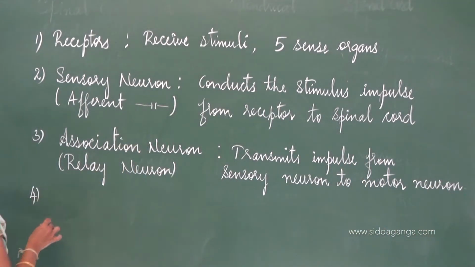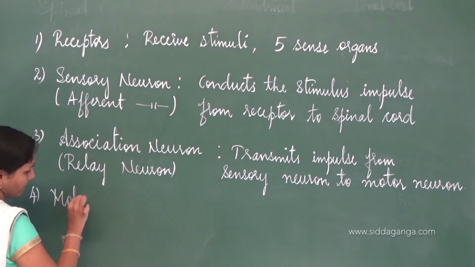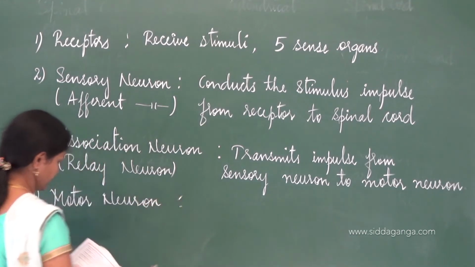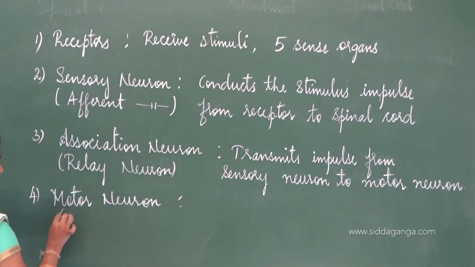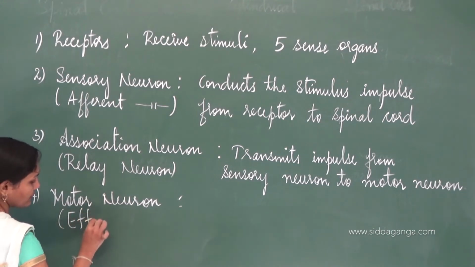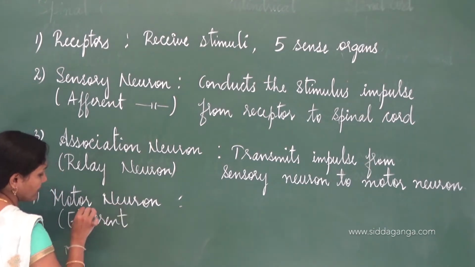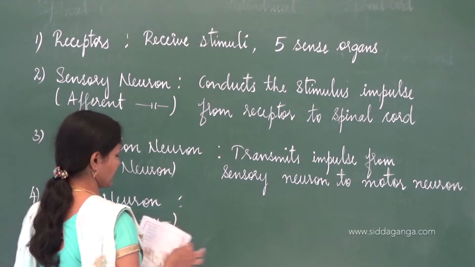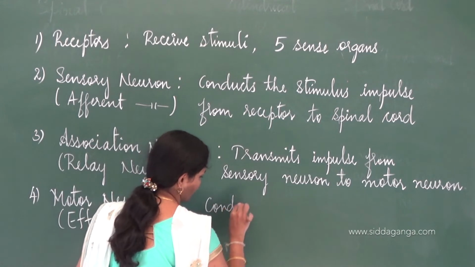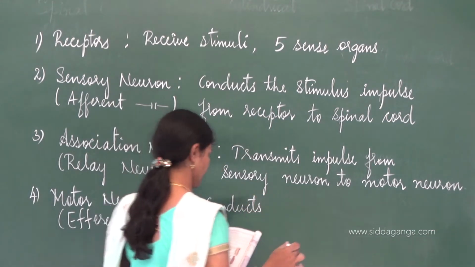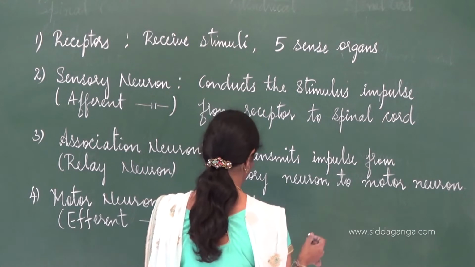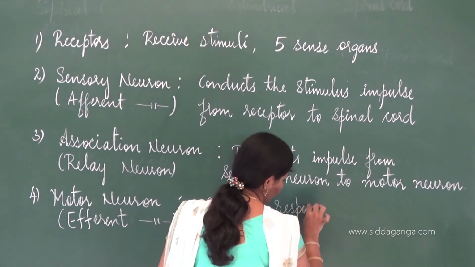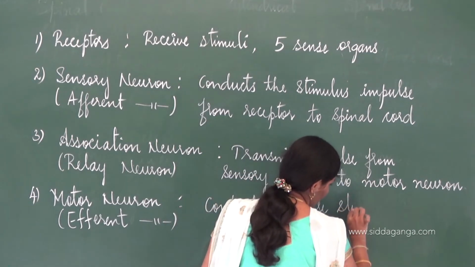And next is the motor neuron. This is also referred to as efferent neuron, E-F-F-E-R-E-N-T. It conducts the impulse related to the response.